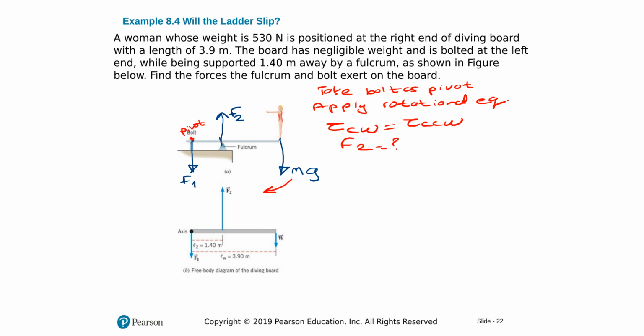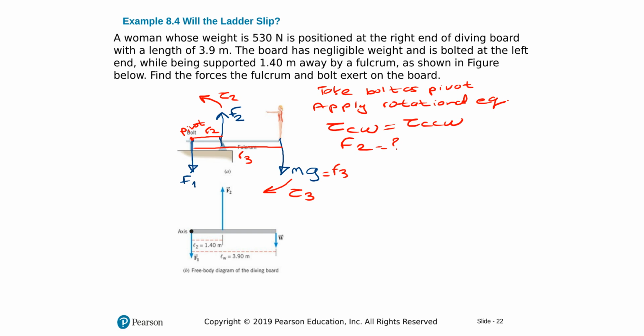mg will be rotated in this direction. Let's call this F3, tau 3, and fulcrum will be rotating with respect to this point in this direction. Let's call this tau 2. Their distances will be R2 and R3 given in the question.